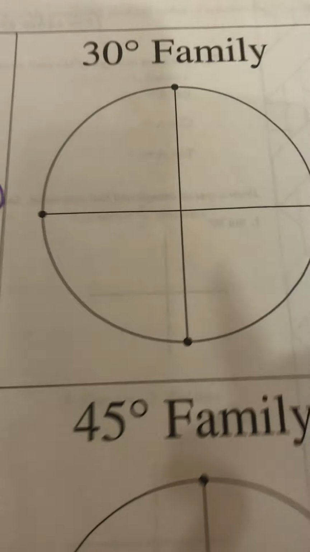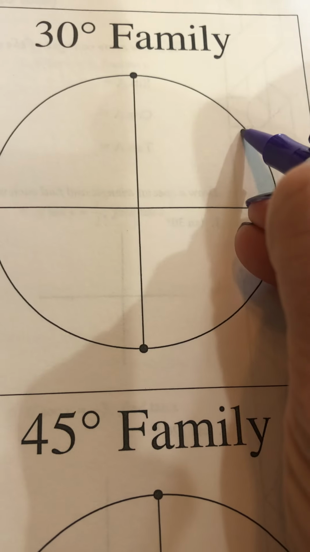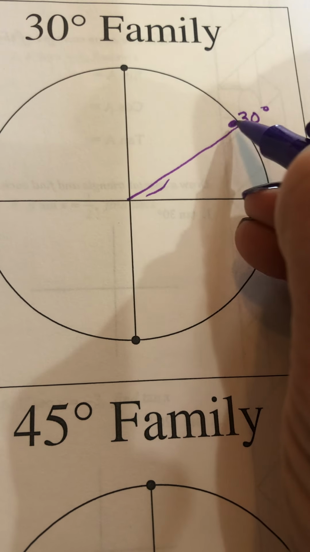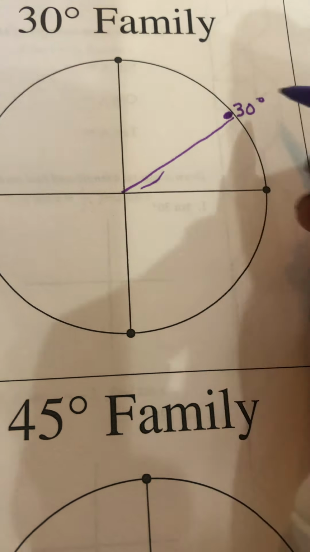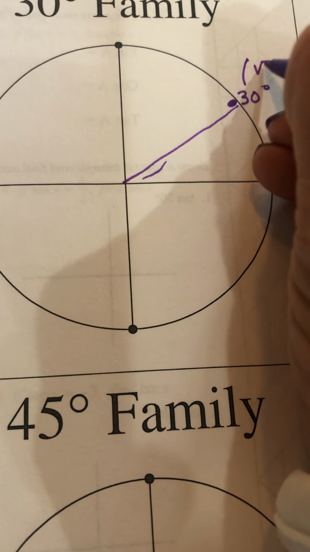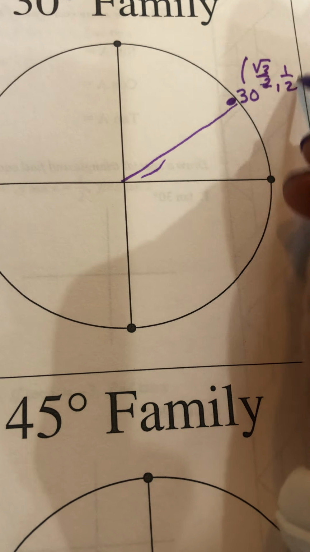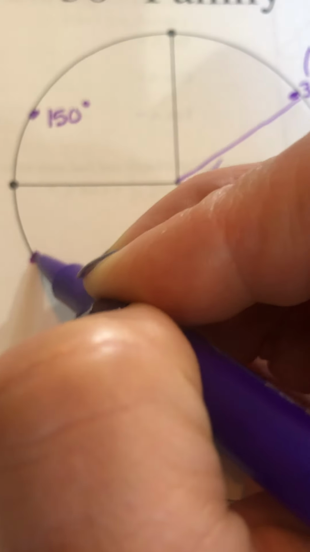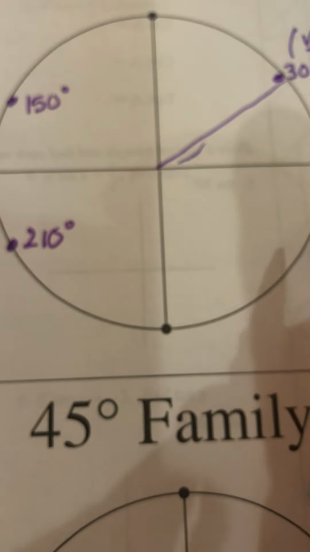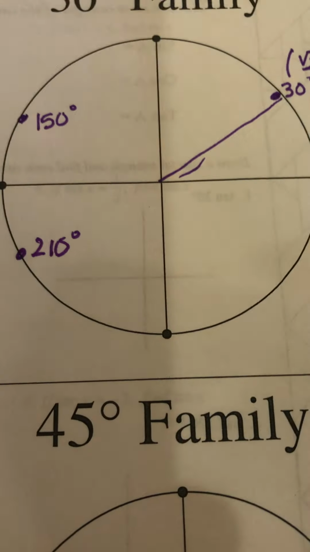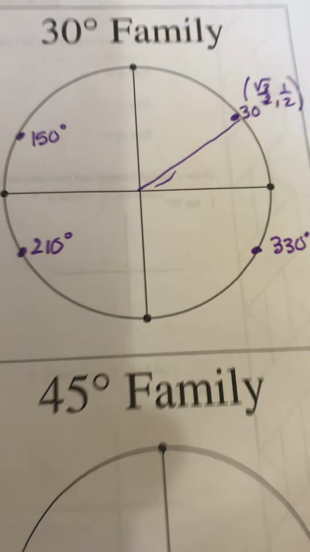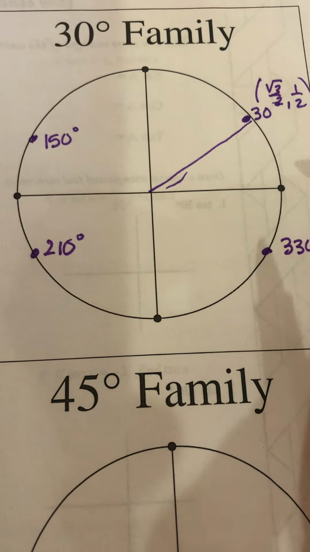If we do the 30-degree family, right, we've already done 30 degrees. And I won't necessarily go through that whole rigmarole again with the triangle and everything. I'm just going to lift that ordered pair, √3/2, comma 1/2, to go with the 30-degree angle. The other angles in the 30-degree family are 150, 210, 330. Do we know what the ordered pairs would be for these other angles, knowing that ordered pair?